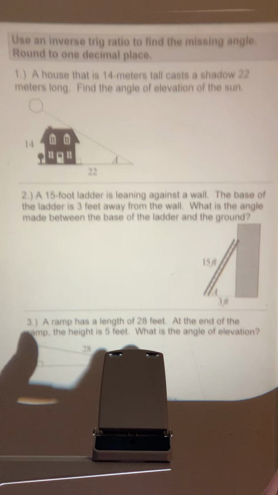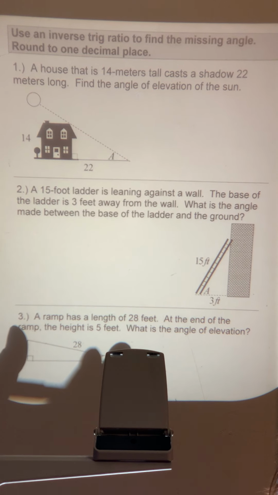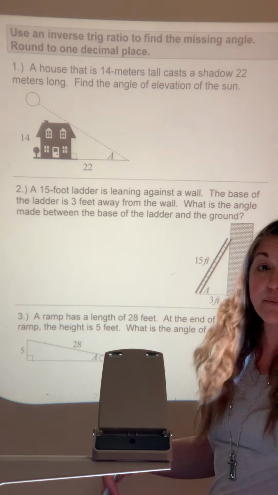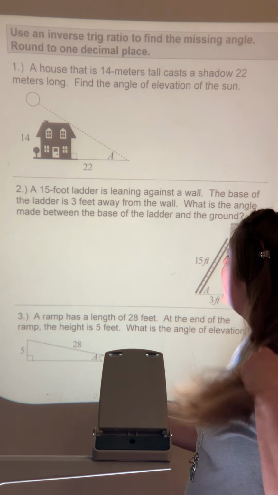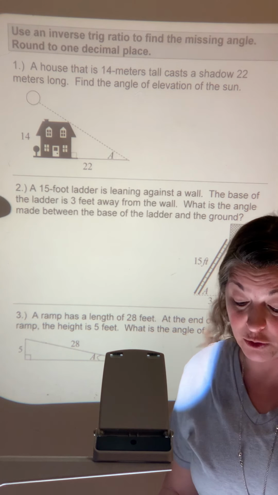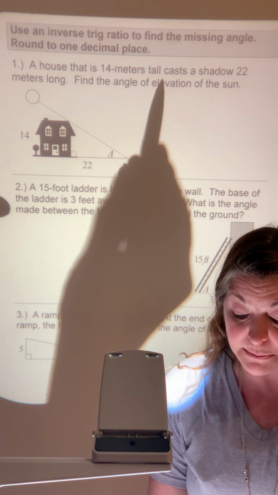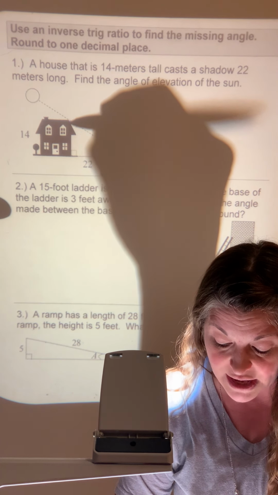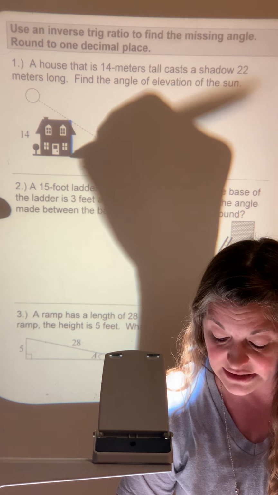Okay, so our directions tell us to use the inverse trig ratio to find the missing angle. And this time we're just going to round to 1 decimal place, okay? So if we take a look at our first one, we have a house that is 14 meters tall. So I know the 14 over here looks a little awkward. If you want to draw it in right in there, that's fine.